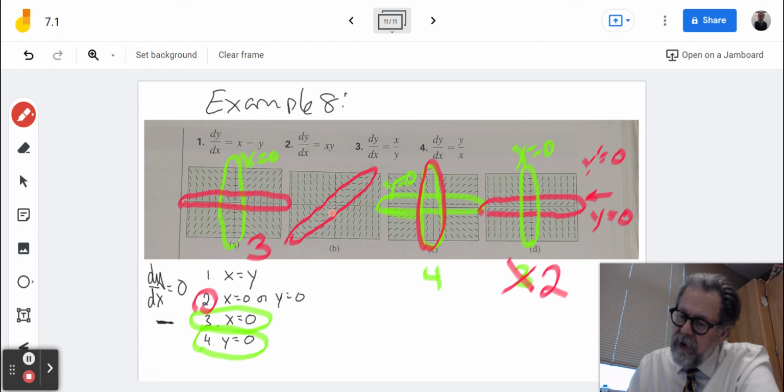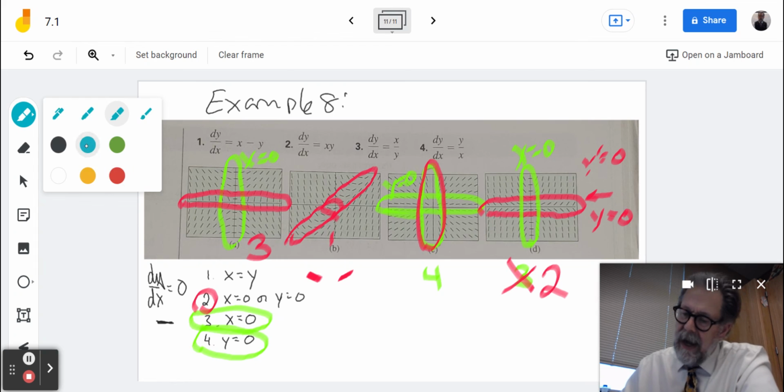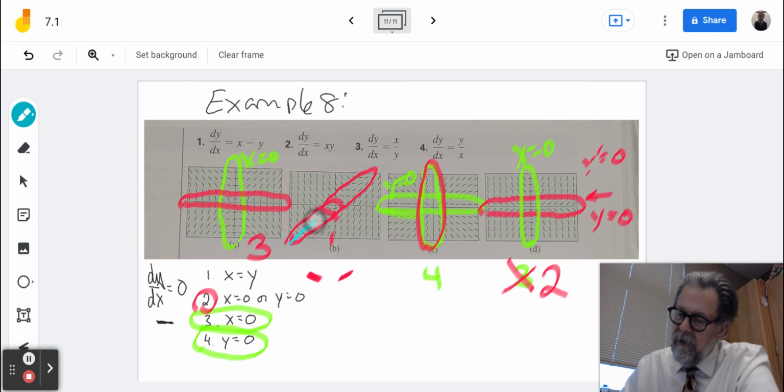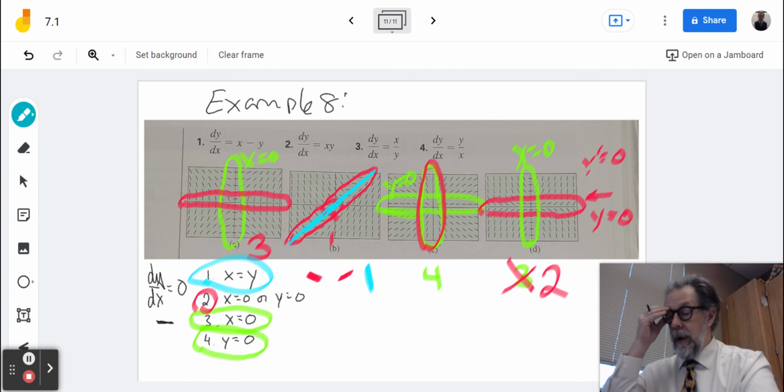But what happens in between these two things right here? I've got one there and I've got one there. I expect there to be a 0 right there. So in fact, I see a slope of 0. And if I go right up in between all of these, I see that I'm going to have a slope of 0 at every point along there, which is equation number 1.